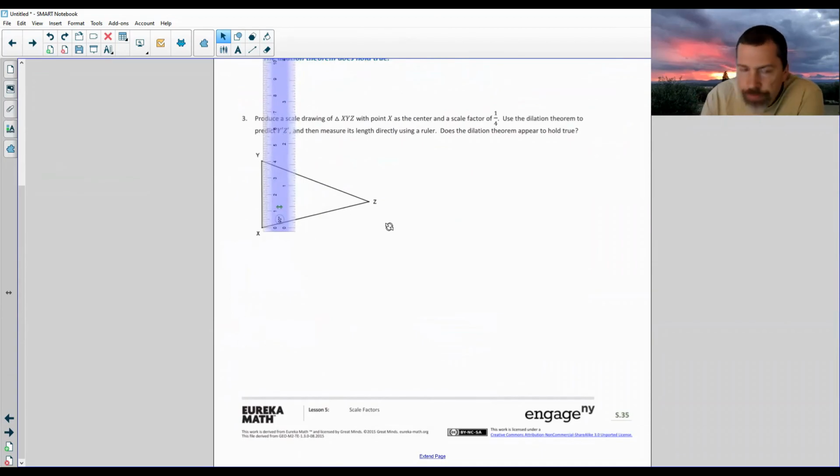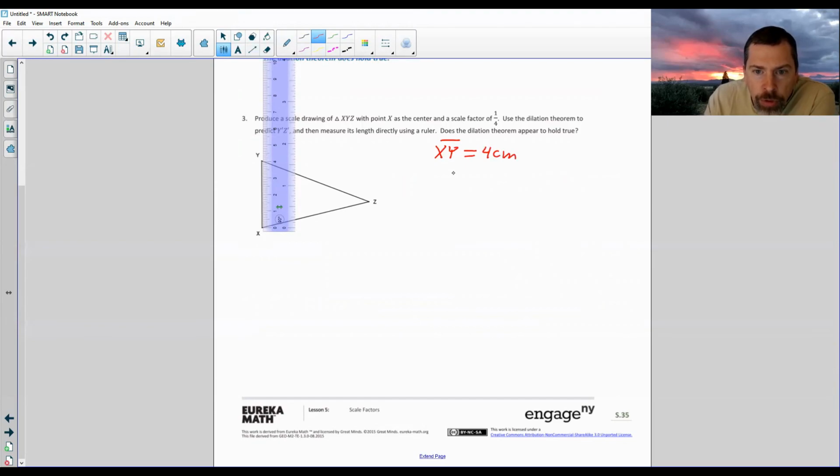And that is 4. So I'm going to label this as I go. XY, the length of XY equals 4 centimeters. Well, 4 centimeters divided by 4 is 1. So XY prime should equal 1 cm, which is right here.